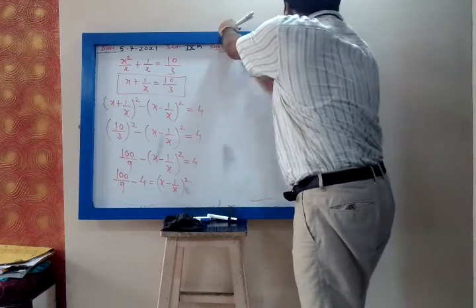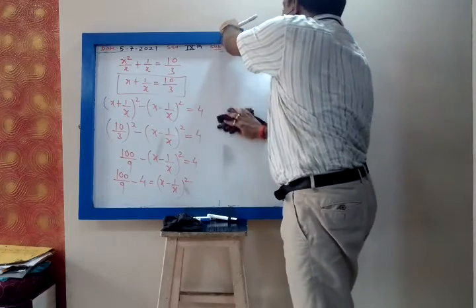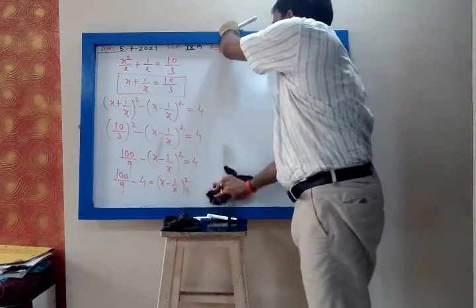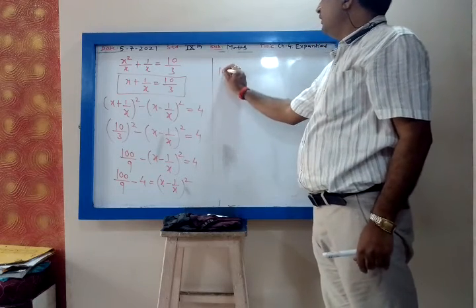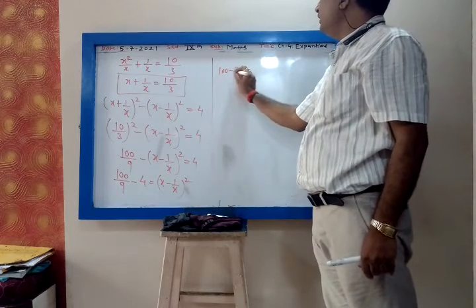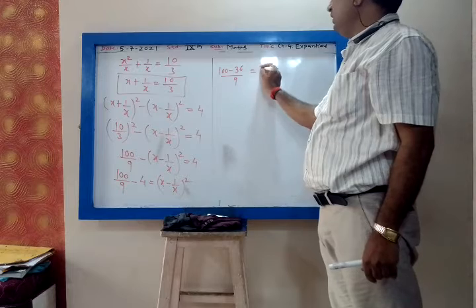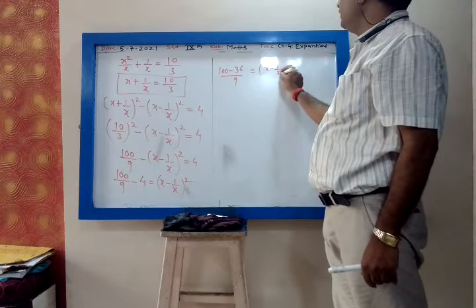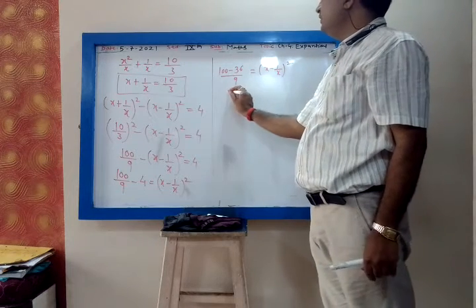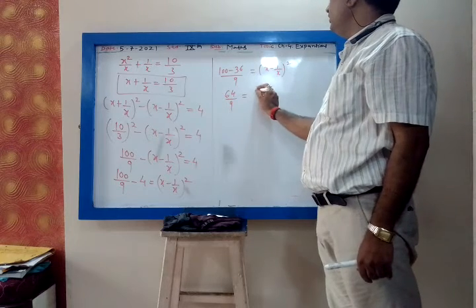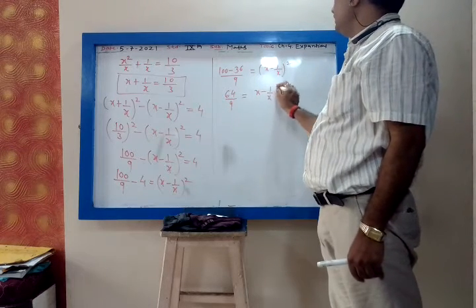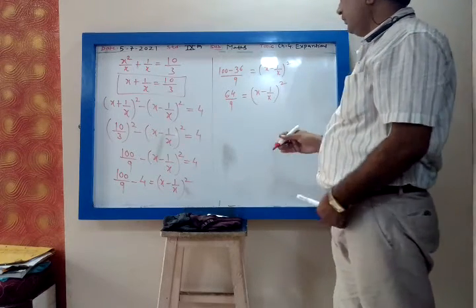Or you take the LCM. 4 means 4 upon 1. So 100 minus 36 upon 9 is equal to x minus 1 upon x whole square. 100 minus 36 is 64 upon 9, equal to x minus 1 upon x whole square.